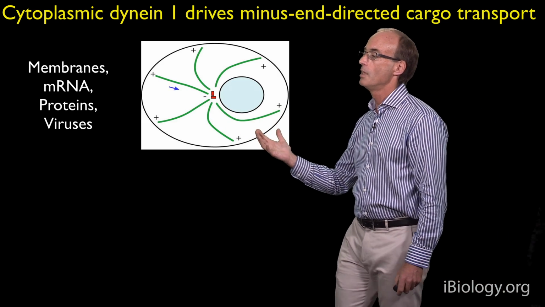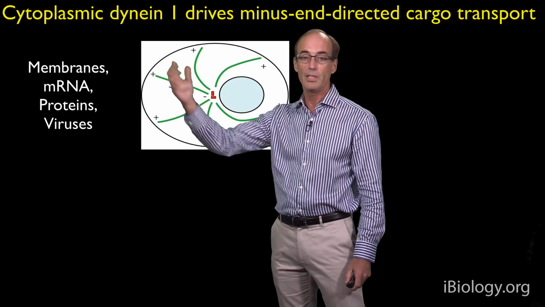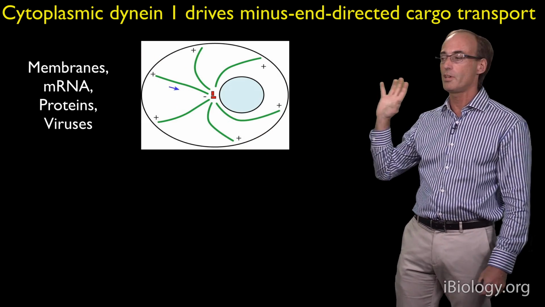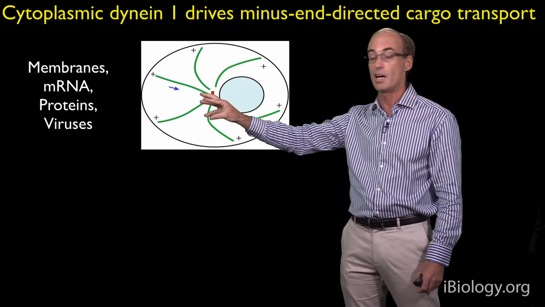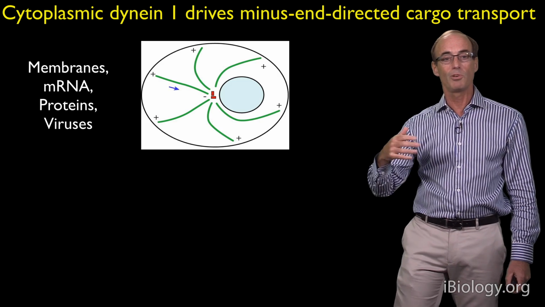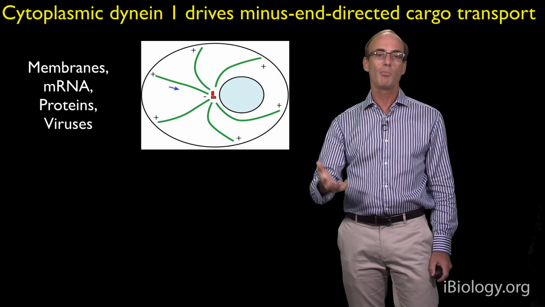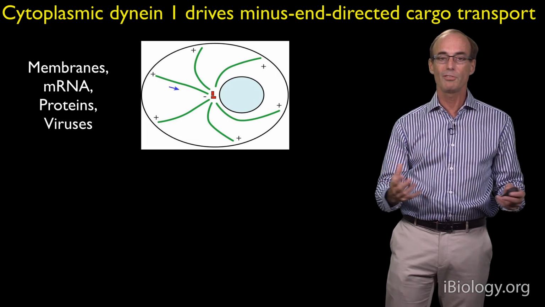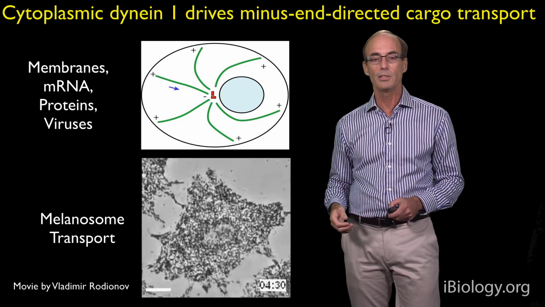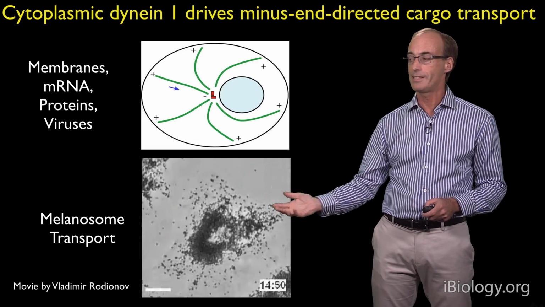So kinesins, as you remember from the first lecture, move things out to the plus end, and this one type of cytoplasmic dynein carries out virtually all of the transport in the opposite direction towards the minus end. So things that are transported include membranes, mRNAs, protein complexes, as are viruses. Here's just one example here, which is a melanocyte cell.